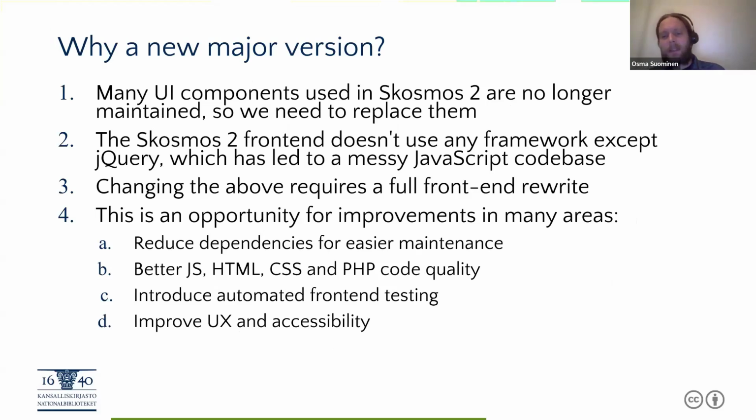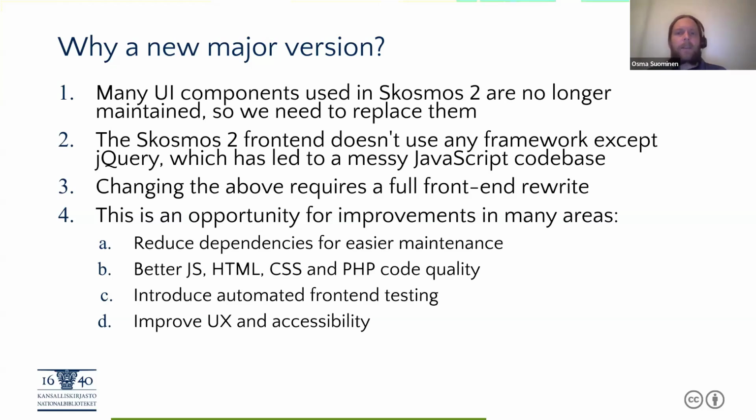And of course, with this kind of lack of maintenance, there's all kinds of problems like security issues starting to build up, and all kinds of bit rot, and maybe compatibility problems with modern browsers, and all kinds of problems like this. So we needed to find a way to replace them. We can't use the old components anymore.